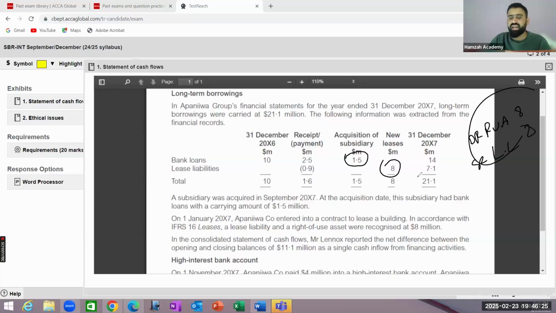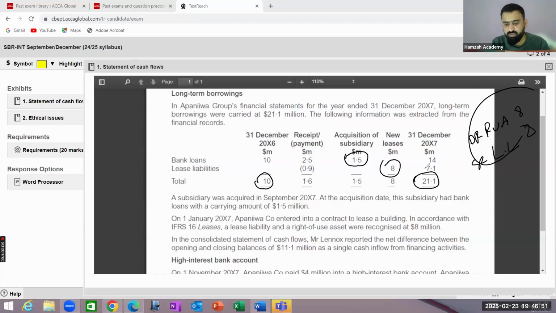So it is also not a cash inflow. Out of the 8 million, 0.9 million we have paid. This 0.9 million is our cash outflow. And the closing lease liability is 7.1 million. So overall, we have total long-term borrowings with a closing balance of 21.1 million.